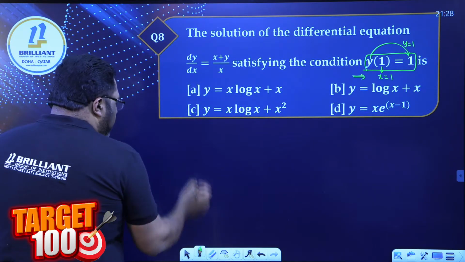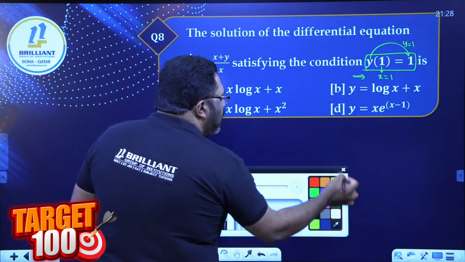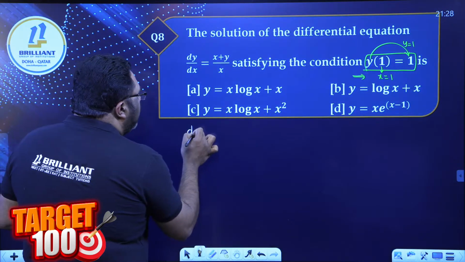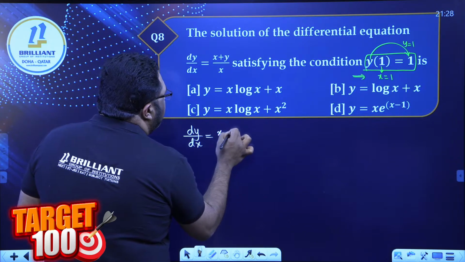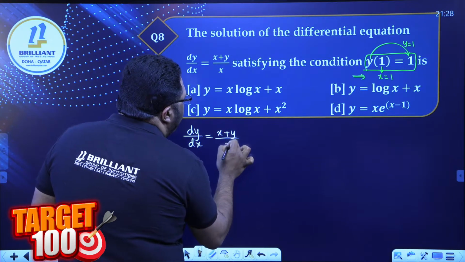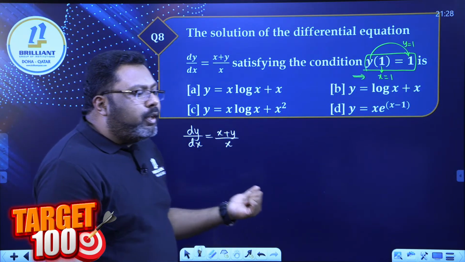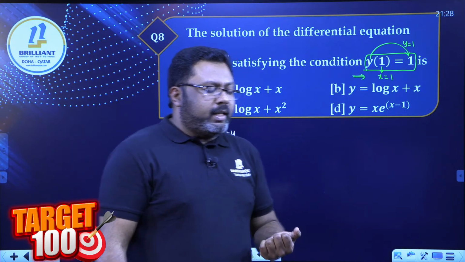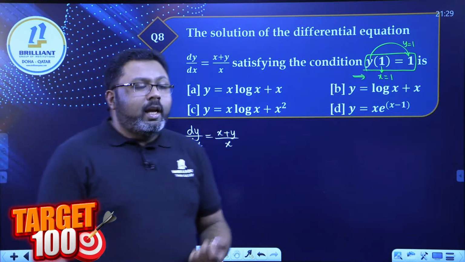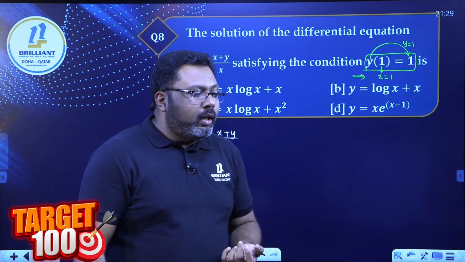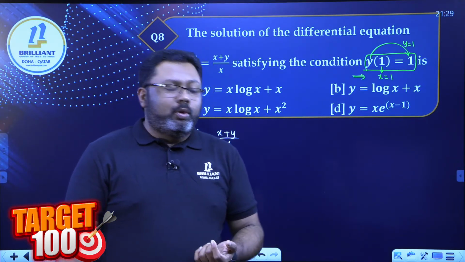Okay, now anyone, can you identify what type of differential equation you see in this question? Does anyone have the confidence to say? Is it separable? Is it homogeneous? Is it linear differential? Yes, I'm getting an answer which says homogeneous here.